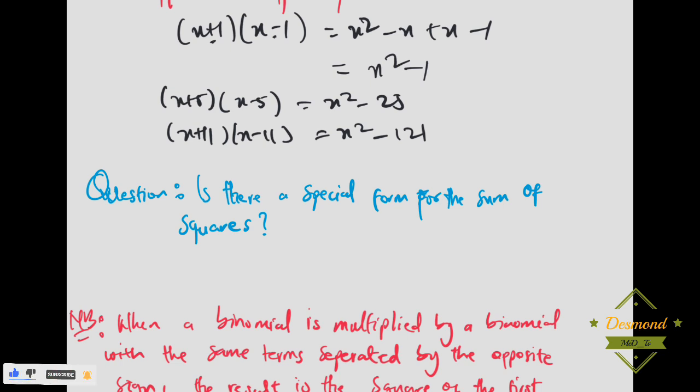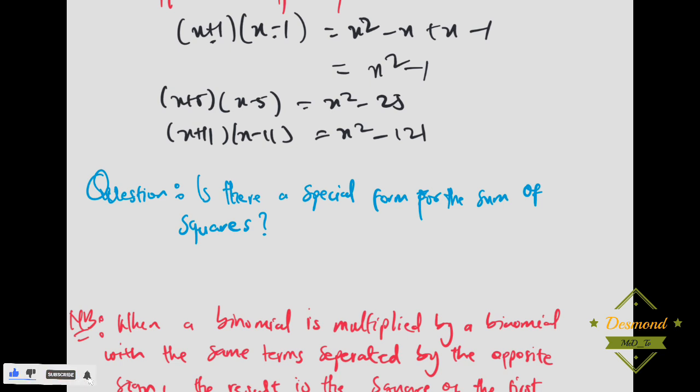What is the reason? The difference of squares occurs because the opposite sign of the binomials causes the middle terms to disappear. So there are no two binomials that can multiply to equal a sum of squares.